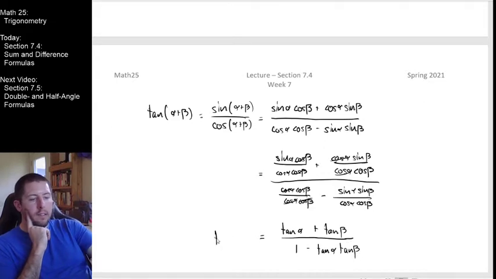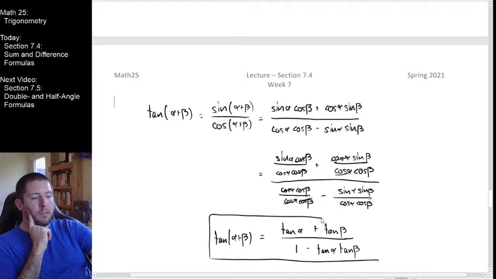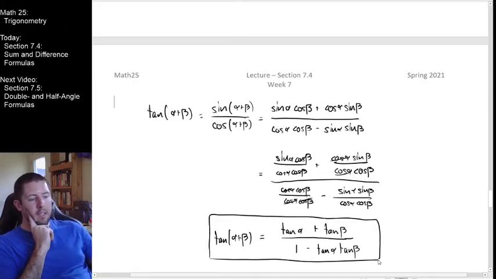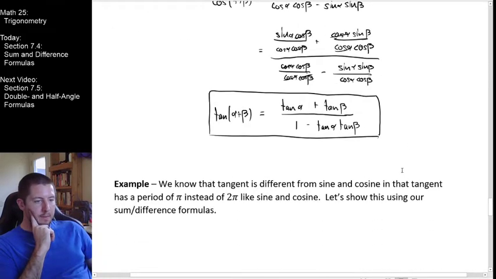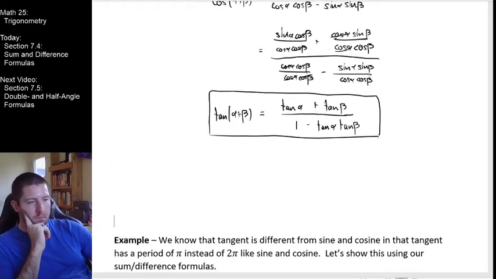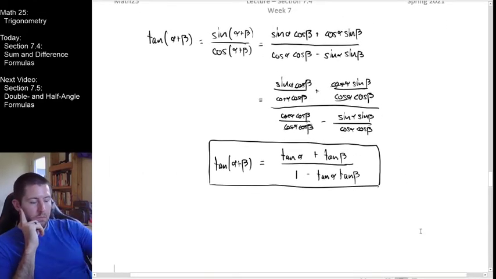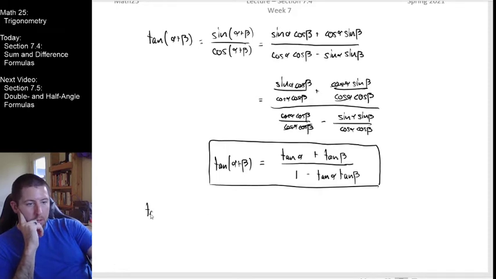All right. So we got 5 of our 6. We're almost there. Let's go ahead and hit this thing with some symmetries and see where we're at. Tangent of alpha minus beta.